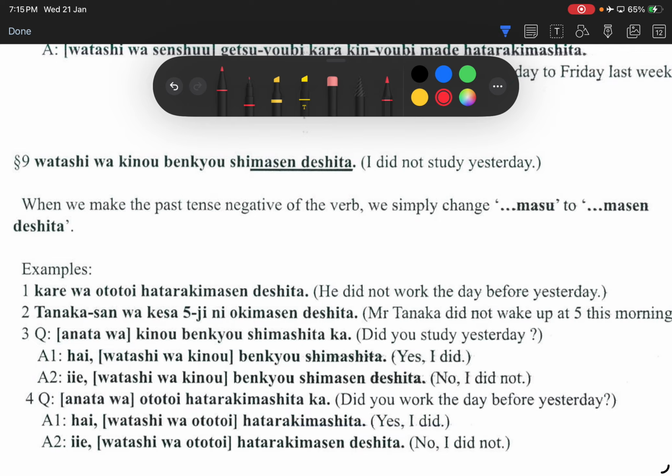Right? So it doubles up now as a polite marker as well as a past tense marker. So masen is negative, deshita will be past tense. Right? So I know it's double polite, but think of the desu now you're having a second extra role to play, which is to make the entire sentence past tense. Right? So masen deshita will be the past tense.